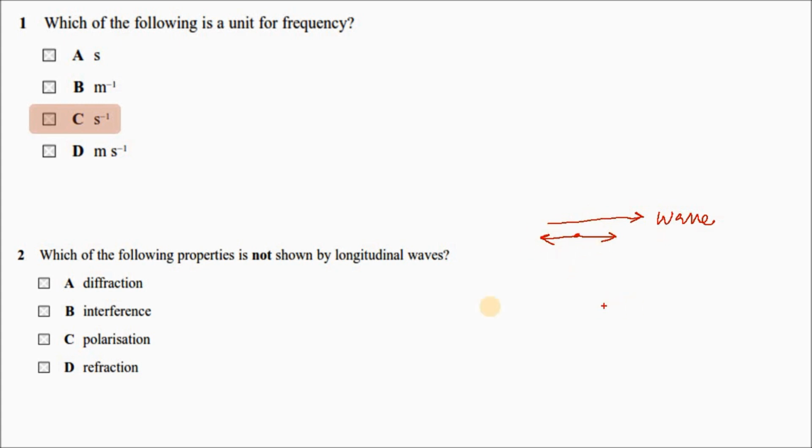If the wave goes left or right, the particle remains parallel to the direction of motion. That means this behavior of the wave, we say that it cannot be polarized. So polarization cannot be shown by longitudinal waves.